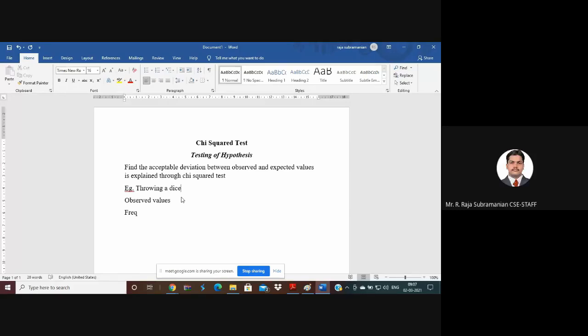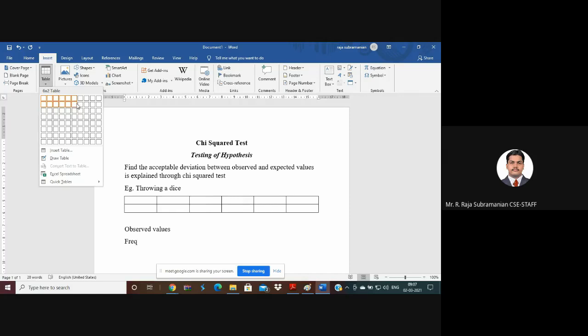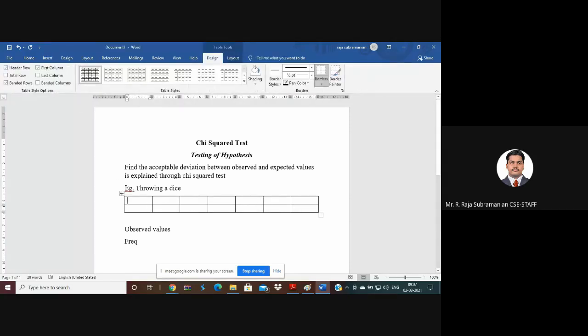Six possibilities, great. And what is the expected value to get one? Expected means the probability of getting one. 1 by 6, great.